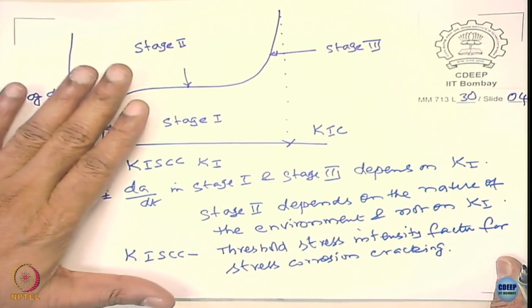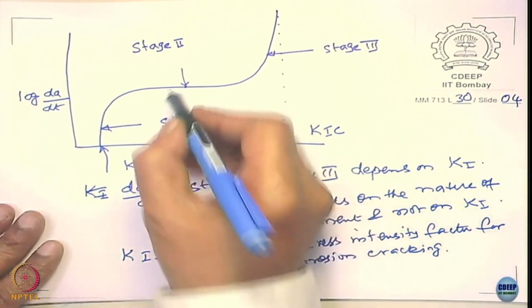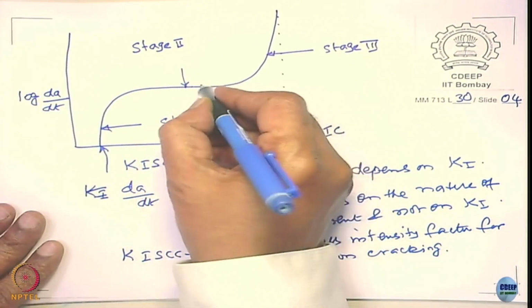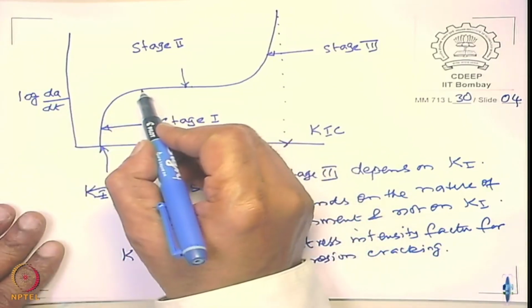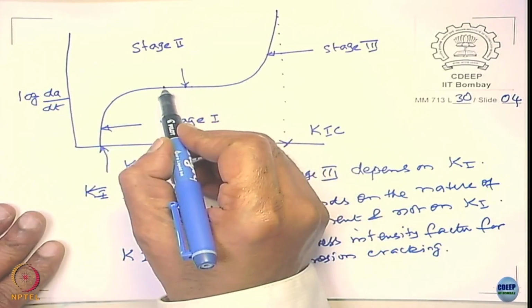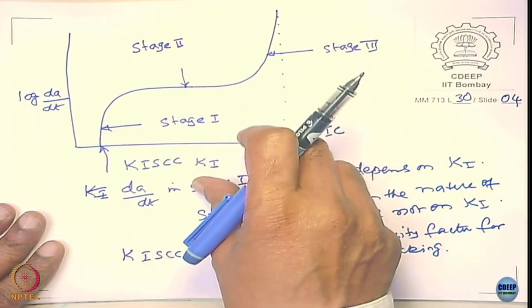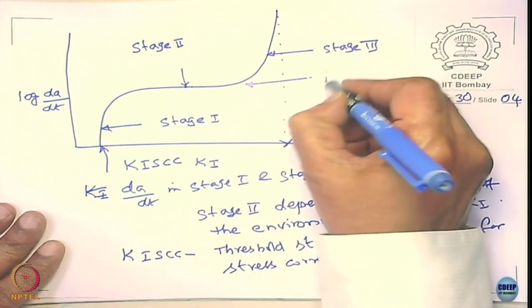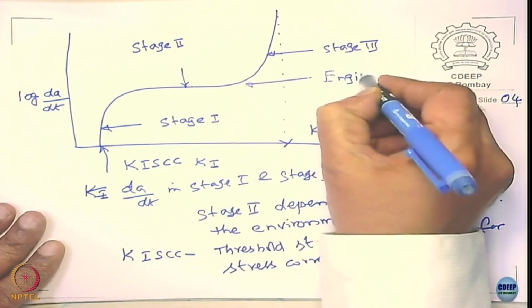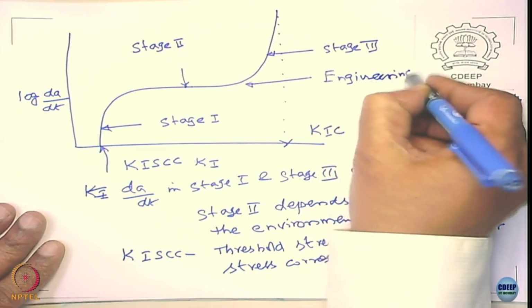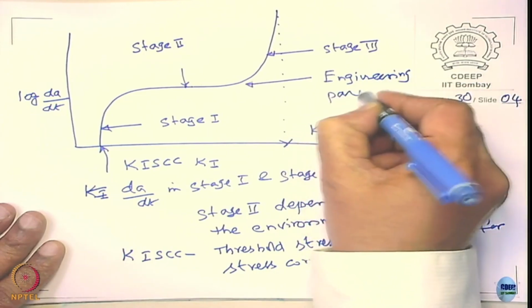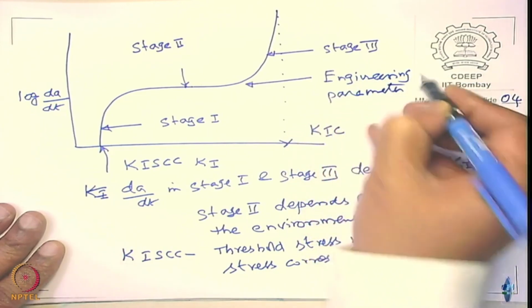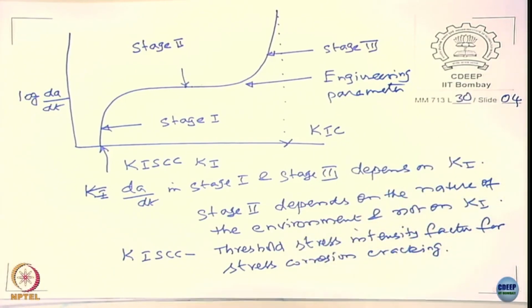So people use these factors, and also people use this other factor. Please look at this here, the crack growth rate now does not depend upon stress intensity, and this also is used as an engineering parameter to design the life of the component.